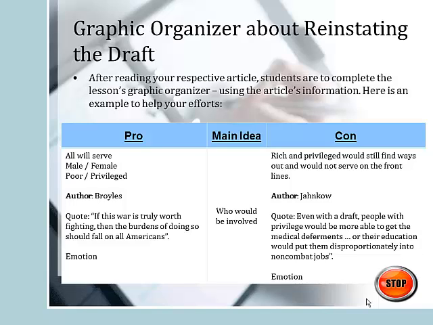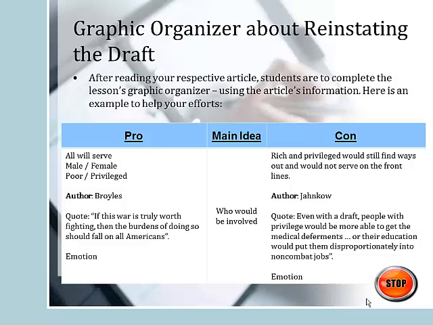After you've done those pieces, I want you to take the information that you have put in your box for one of the main reasons of why they're either supporting or opposing reinstating the draft, and I want you to be able to very easily synthesize or summarize that information in just a few words.